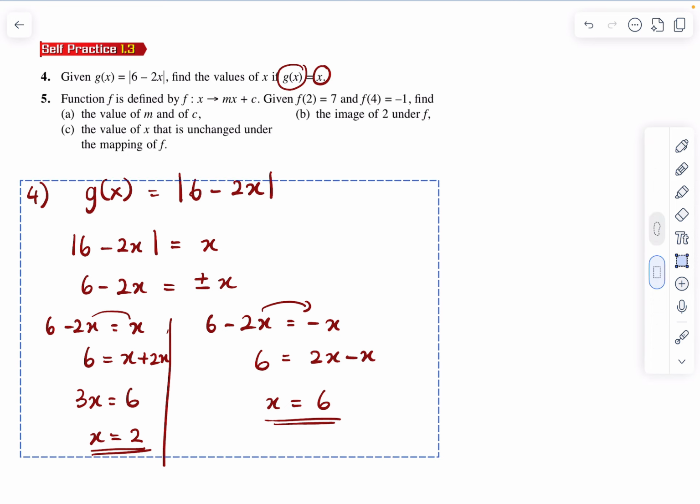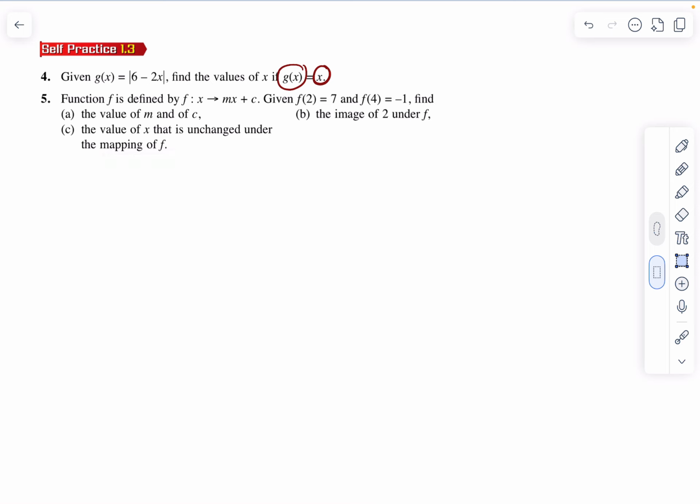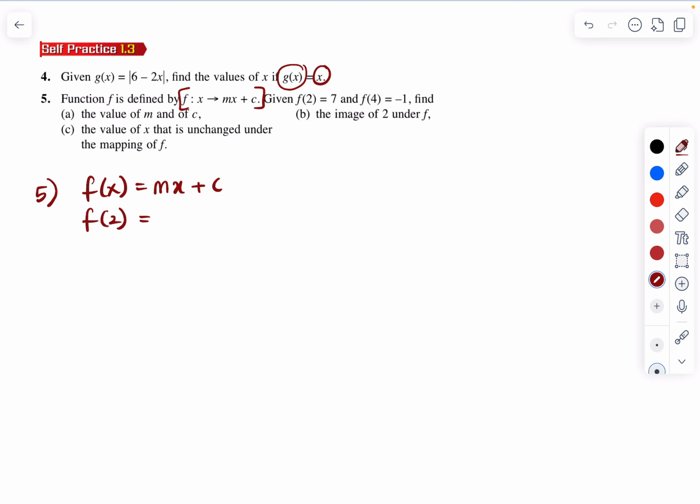Next, let's look at question 5. Function f is defined as this. Given f(2) is 7, f(4) is negative 1, find the value of m and of c. So f(x) is mx plus c and f(2) is 7. Okay, so let's look at what is f(2).